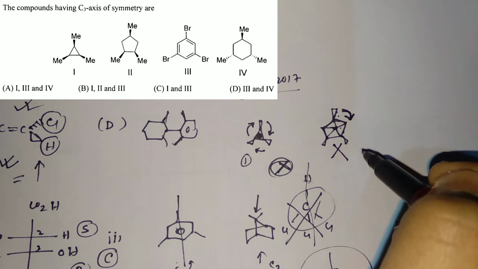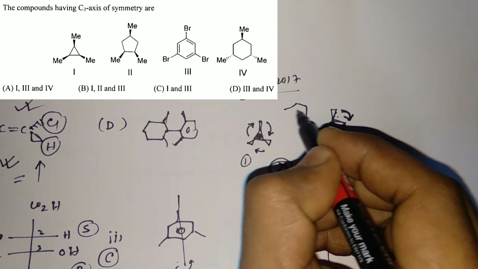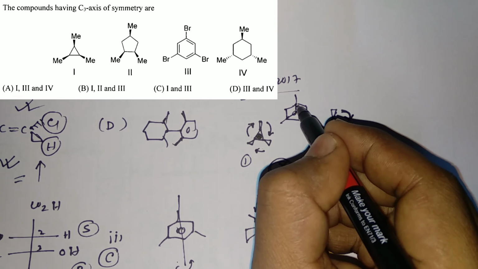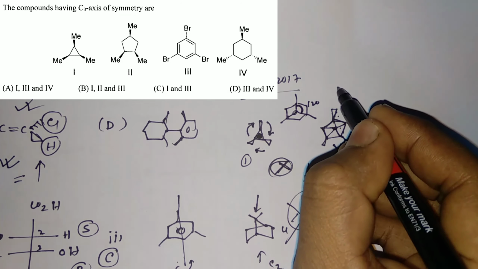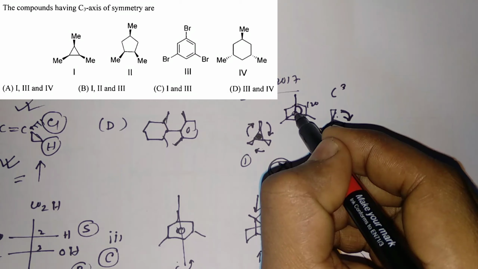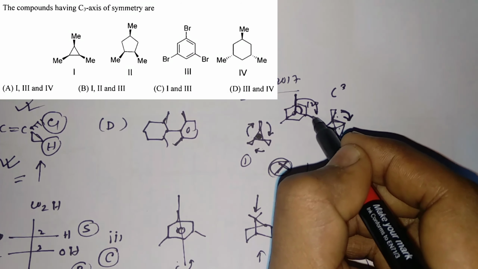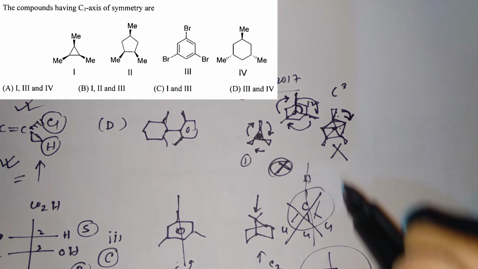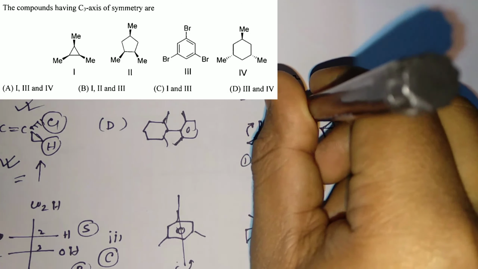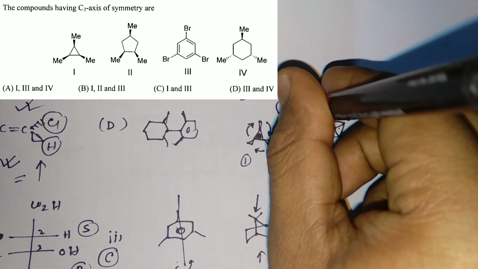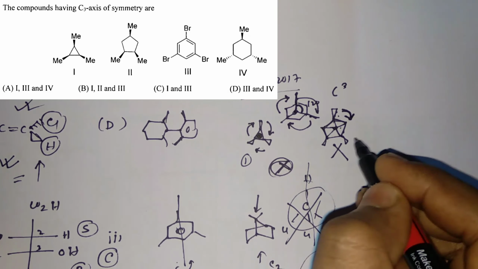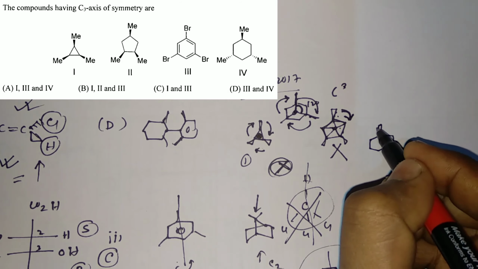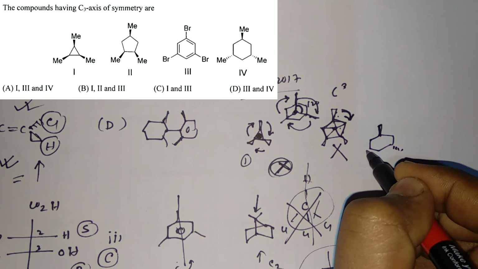No C3 is present. In the case of option C, like this, with Br, and the angle is 120 degrees. If you rotate by the C3 axis, this bond will come right here, and this bond will go right here, and this bond right here, and thus it has C3 over here, like the previous one also. Okay, and the final option D, which says this one, above group and below methyl and below methyl.